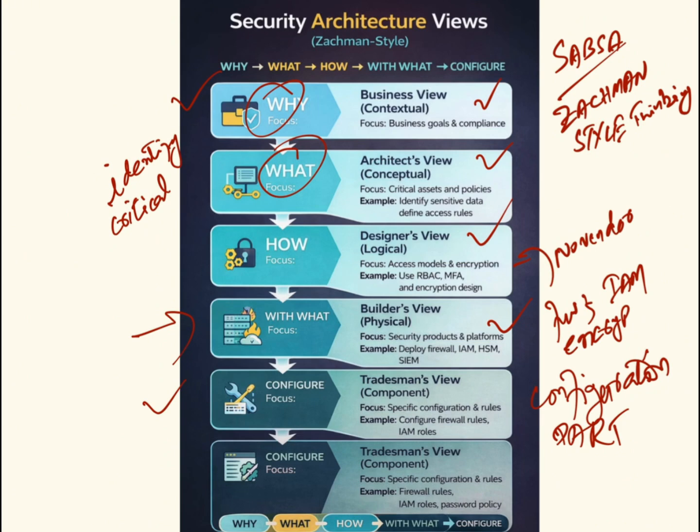So Zachman style thinking is asking the right question at the right level for the right stakeholder.